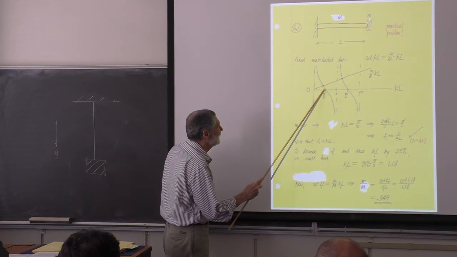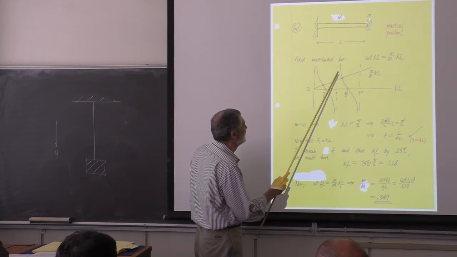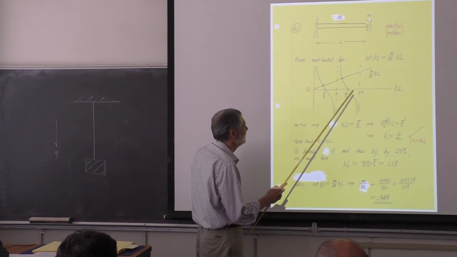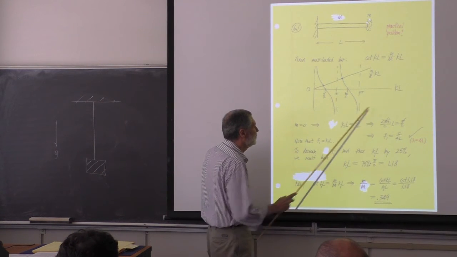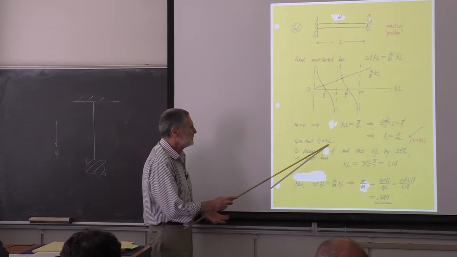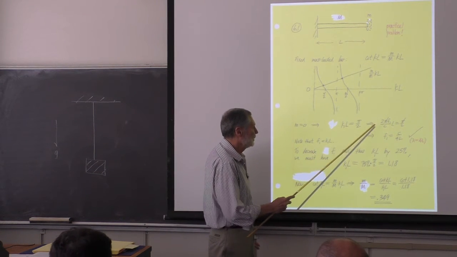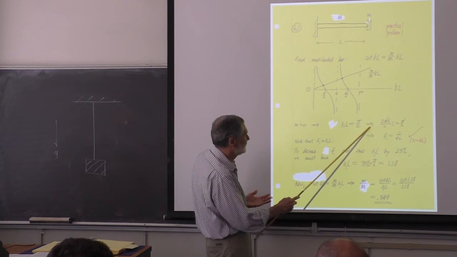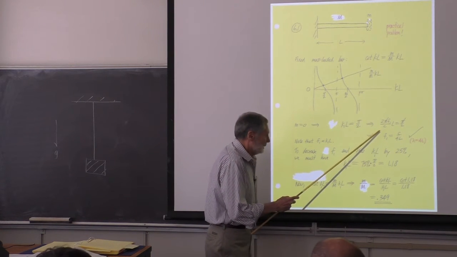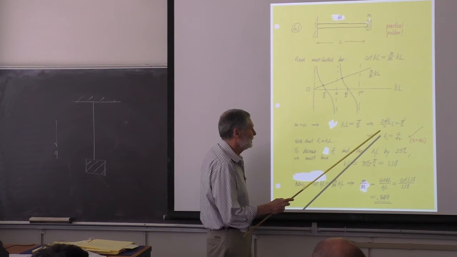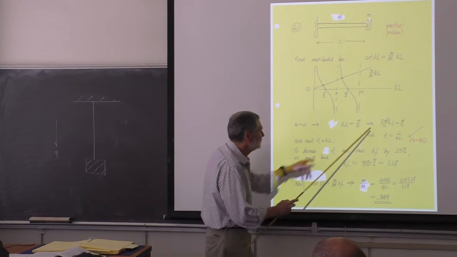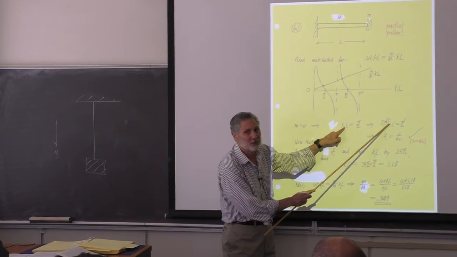Now, wait a minute. We want the new frequency to be 3/4 of the original frequency. Why am I going to KL? Well, the frequency is proportional to KL. You can see that here: K is 2 pi over the wavelength, and C is equal to the wavelength times the frequency. So you can see here that KL is proportional to the frequency.